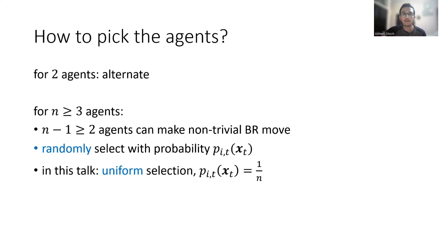So we need to have a model for selecting the agents at each time step. We have a randomized model for this. We assume that agent i gets selected at time t with certain probability pit, which can depend upon the output profile at time t as well. For the purpose of this talk, let's assume that at each time step, all the agents have equal probability of getting selected. We select the agents uniformly at random.